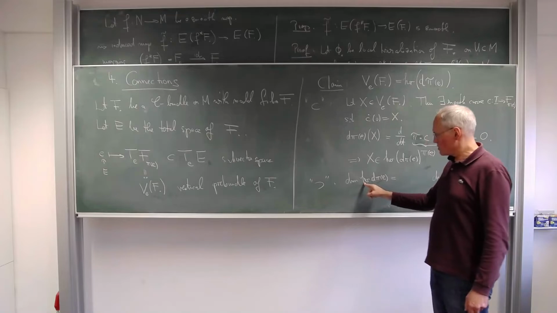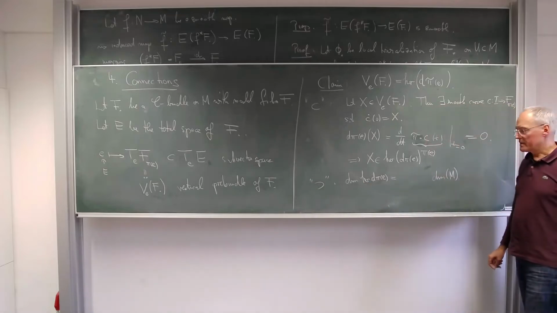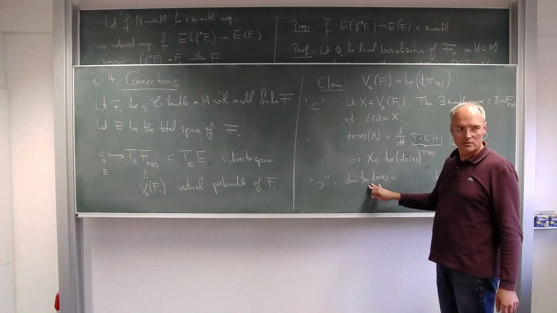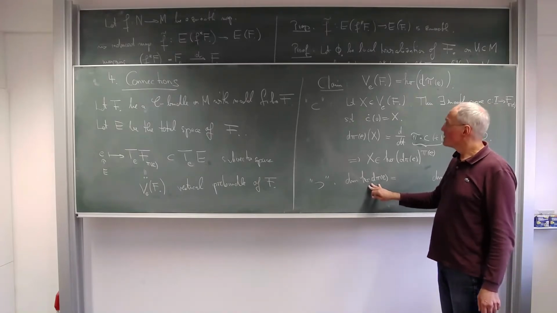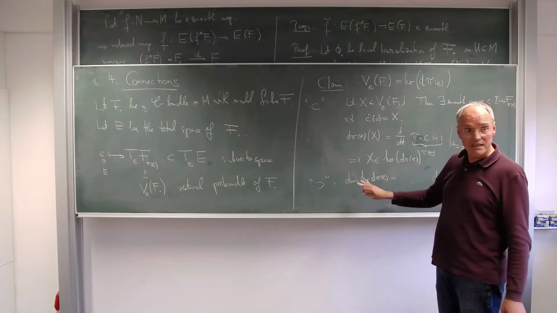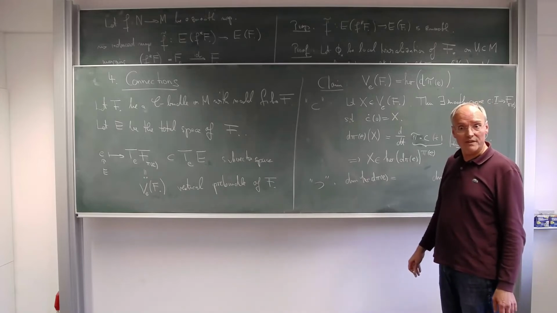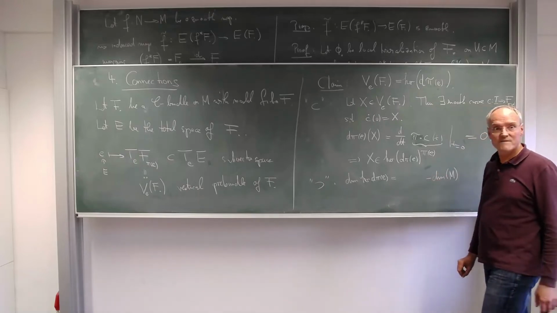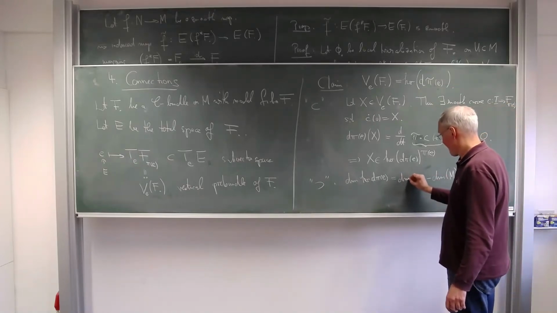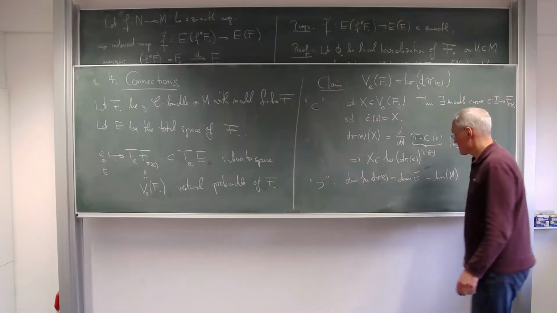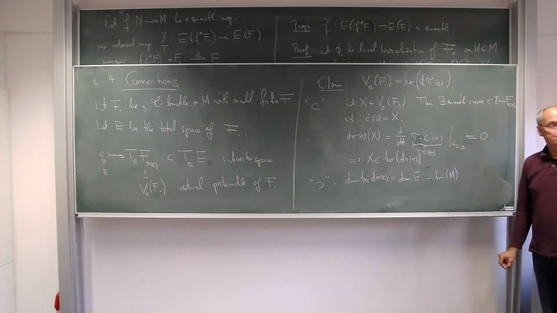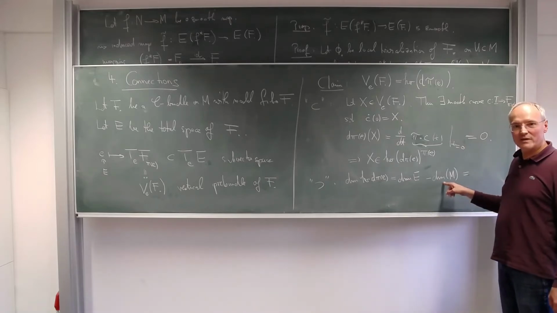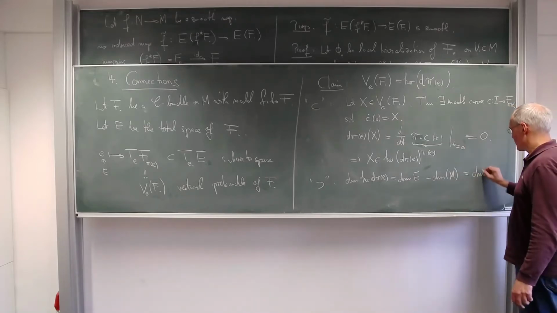And I want to have the dimension of the kernel. So by the dimension formula, I have to take the dimension of the domain space, which is the tangent space of E. And what's the dimension of E? Yeah, what is n? Okay, and if I subtract the dimension of M, what do I get? That's the dimension of the model fiber.